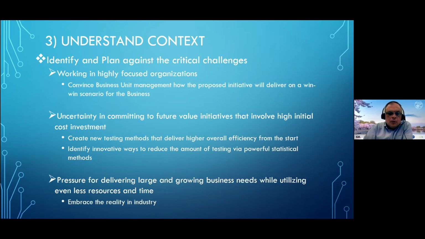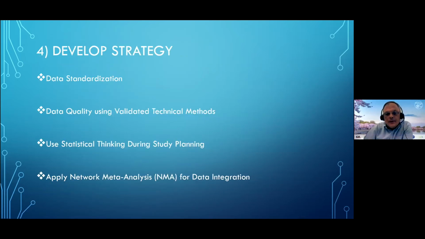And the last point here is about being able to work with this constant reality in the industry that we always want to do more with less. I think managers came up with that thing, but it's always how you have to work in the industry under that pressure.